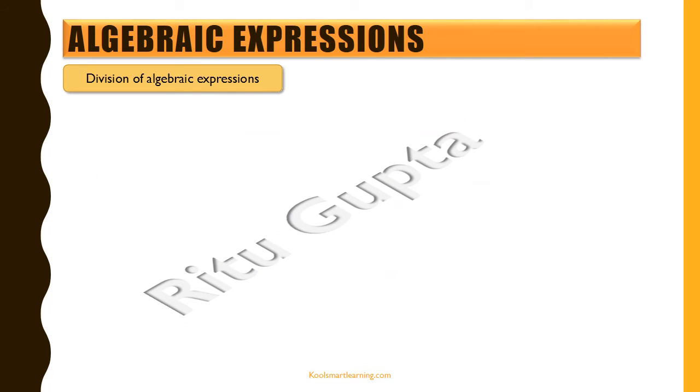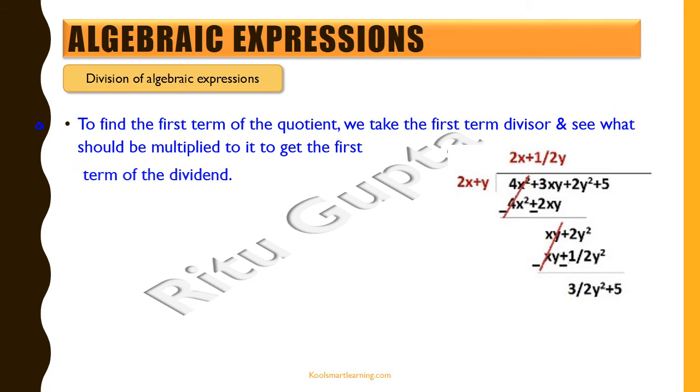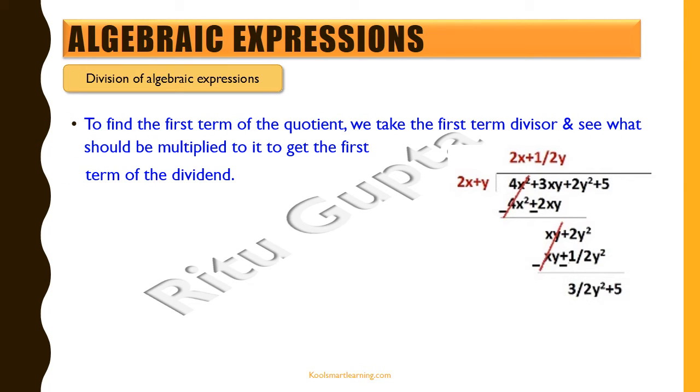Now let's look at a more complex division to be performed. Now let's take an example where we have the dividend as 4x square plus 3xy plus 2y square plus 5, and the divisor as 2x plus 3y. Let's try and see what we will do in this case of division.